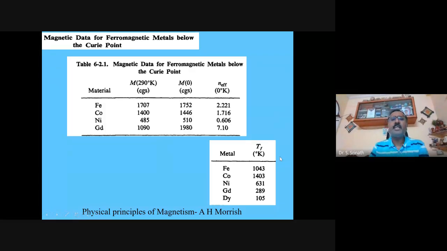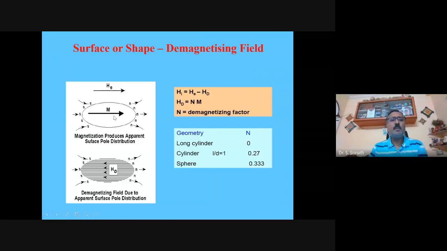May not be the maximum, which is at 0 Kelvin, but you will have some magnetization. For example, at 300, it has still sizable magnetization, isn't it? So this magnetization is enough to create an internal field which will orient the spins along a particular direction, and then you will have induced poles.